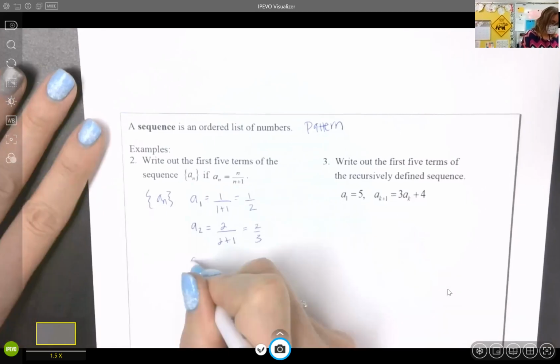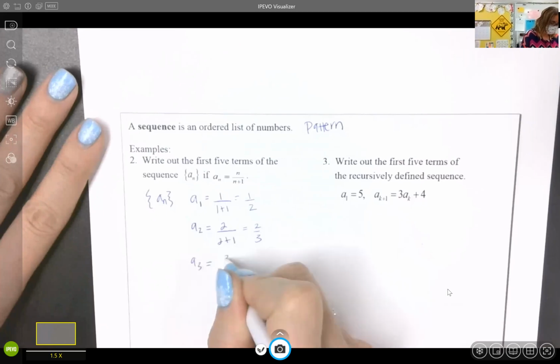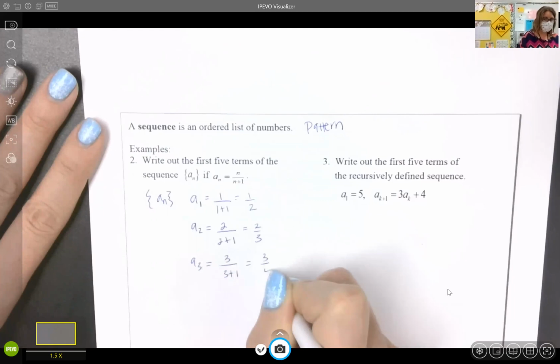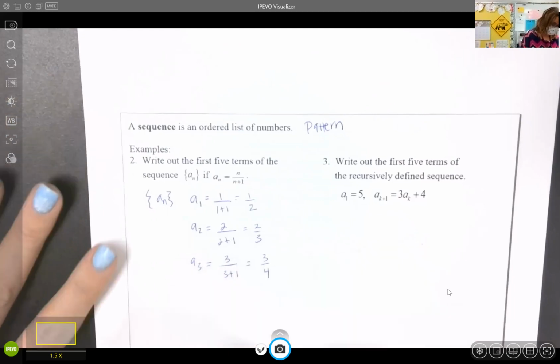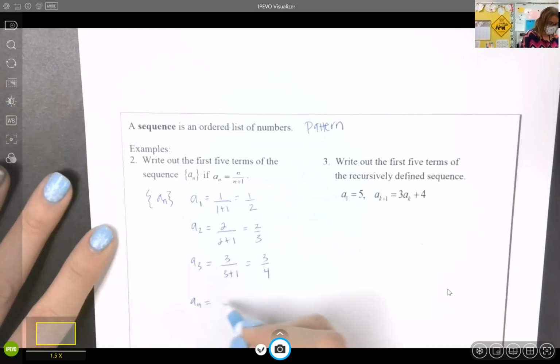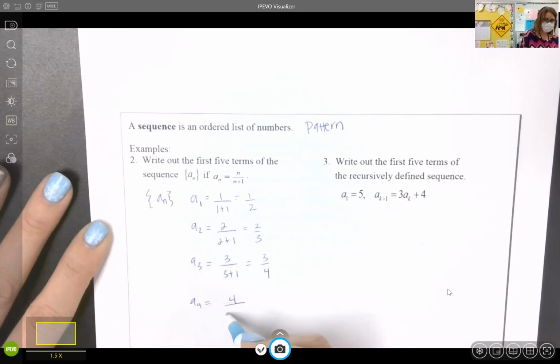And I can do that all the way until A5, which is what it asks for. Okay, we just keep plugging in. And 1, 2, 3, 4, okay. And then our last one, A5, is 5 over 5 plus 1, which is 5 over 6.